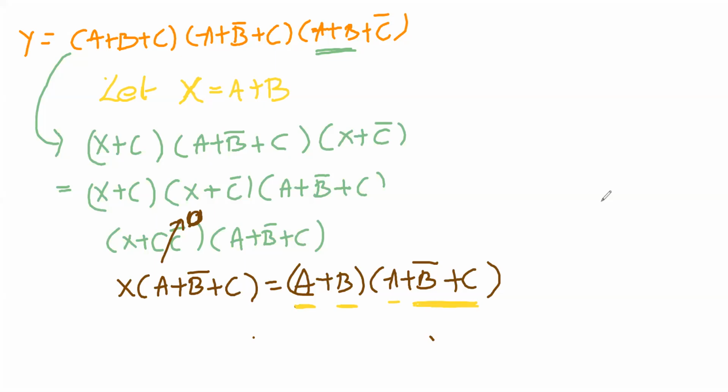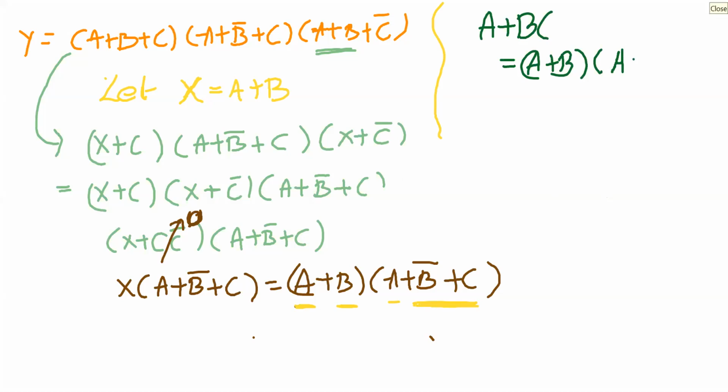Let me put it here with a different color. So we had A plus BC is equal to A plus B into A plus C. So it is in this form, right?